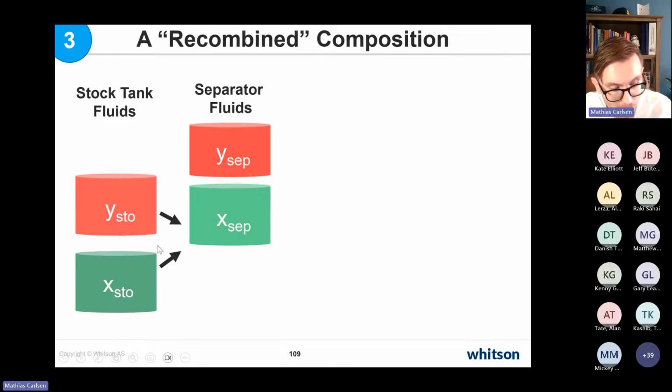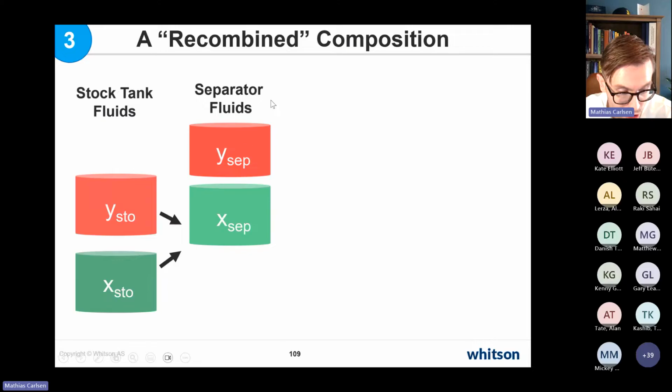Then you recombine them at whatever the solution GOR of the separator oil is to get an estimate of that composition. Here, you're measuring the weight fractions, and you have to assume a set of molecular weights to convert them to mole fractions. And with that, you get the separator oil composition.